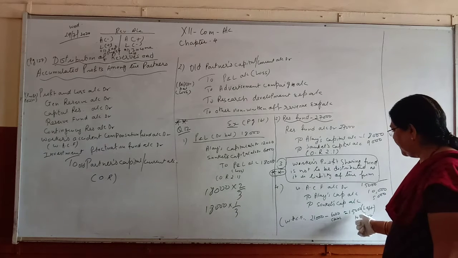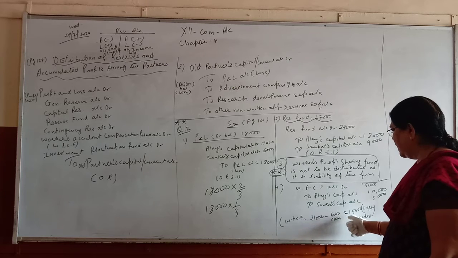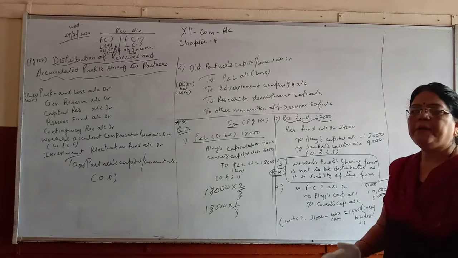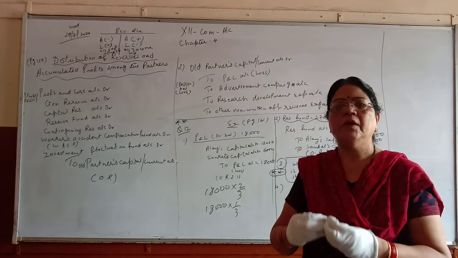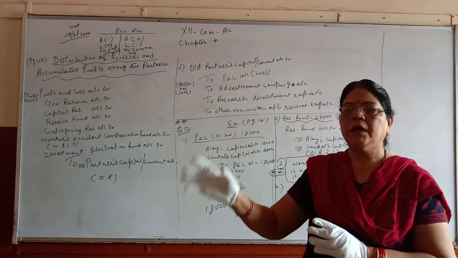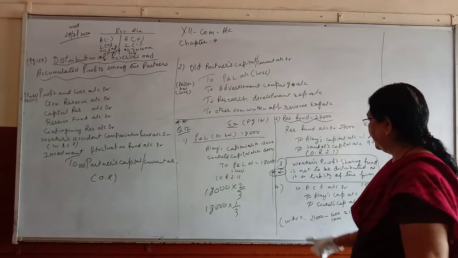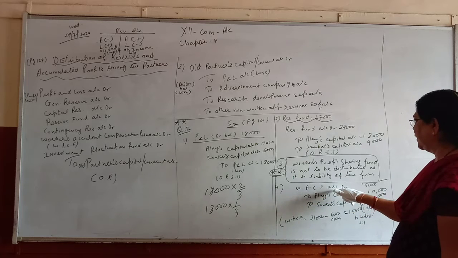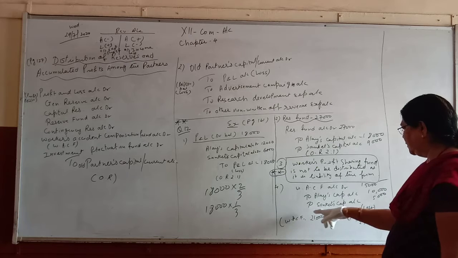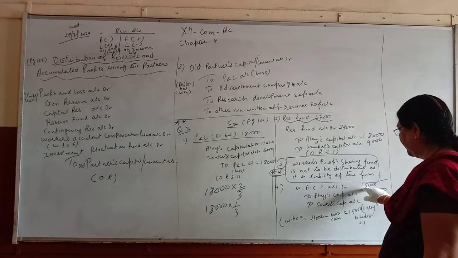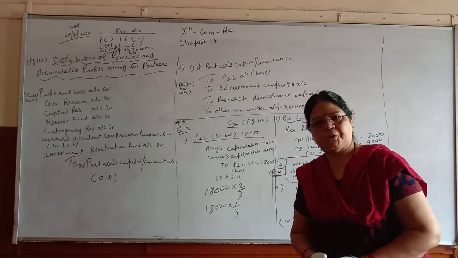So how much will be remaining with us? 21,000 minus 6,000, 15,000 will be remaining with us, and this 15,000 left as surplus will be given to the partners in their old ratio. And the journal entry is this: workman accident fund account debit 15,000 to Alliance's capital and Sanket's capital. This 15,000 is to be distributed in 2:1 ratio.